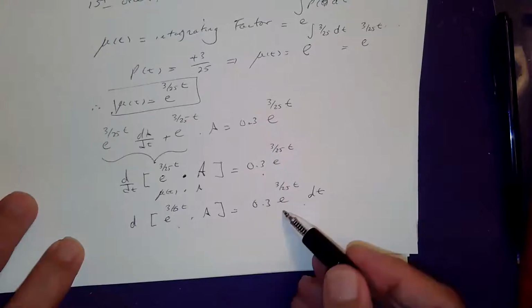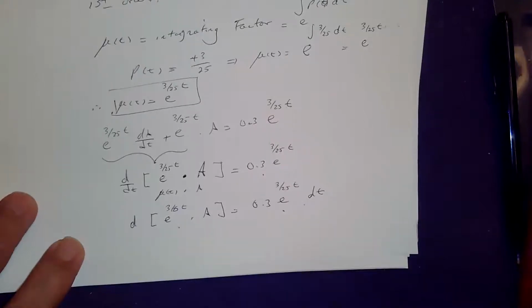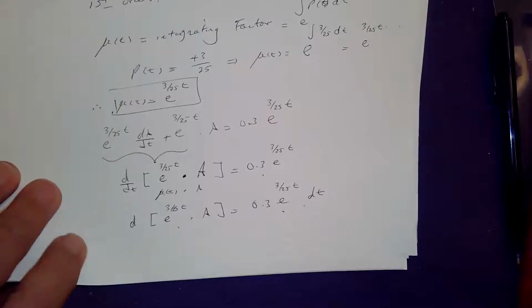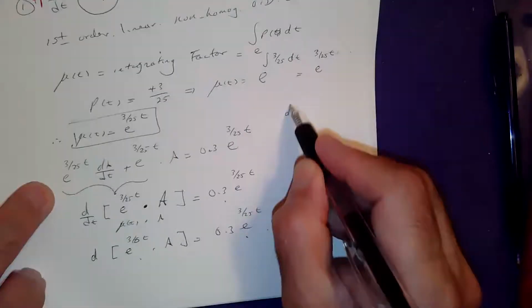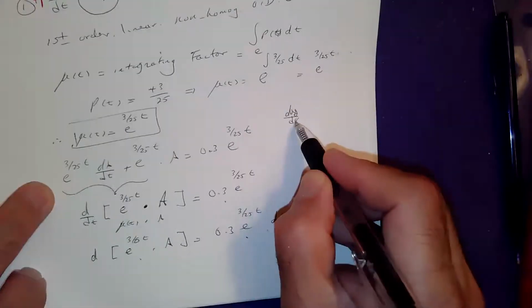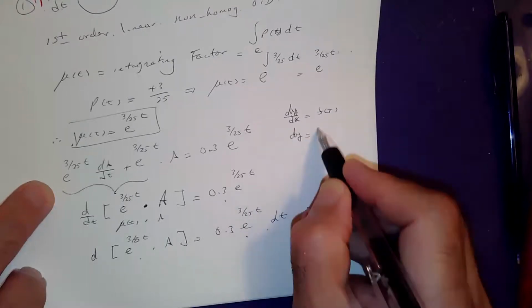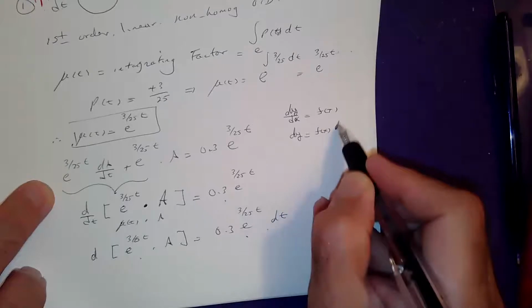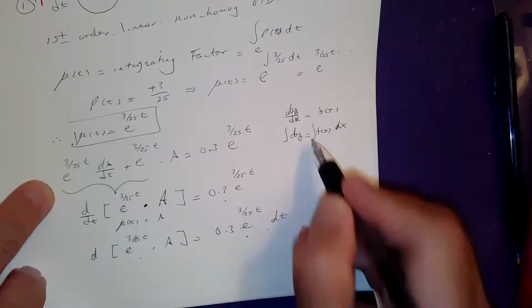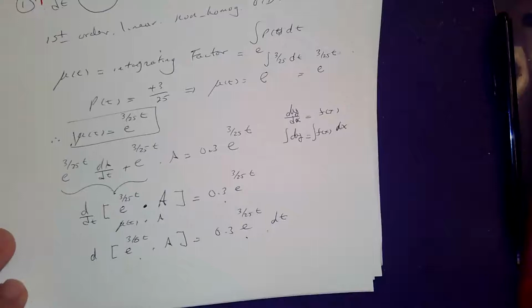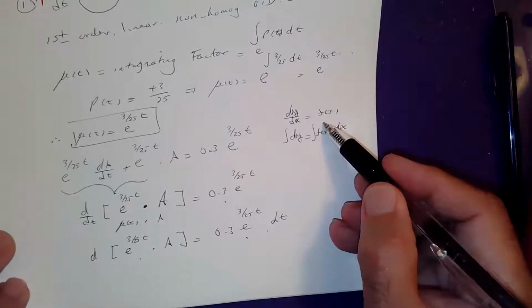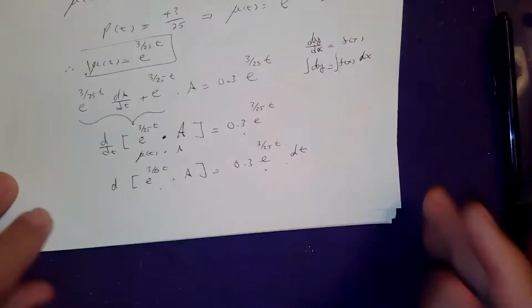We need differential form to take the integral. In other words, if I have dy/dx equal to f of x, I have to go dy equals f of x dx, then I can take the integral, correct? I can't take the integral of derivative form. I have to change it to differential form.